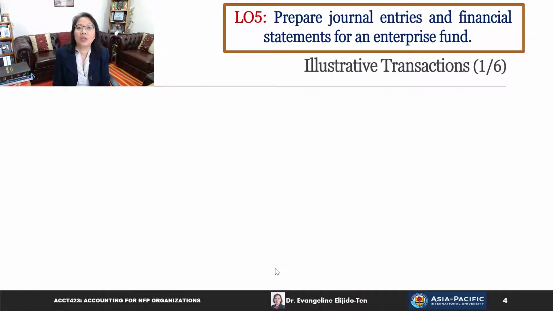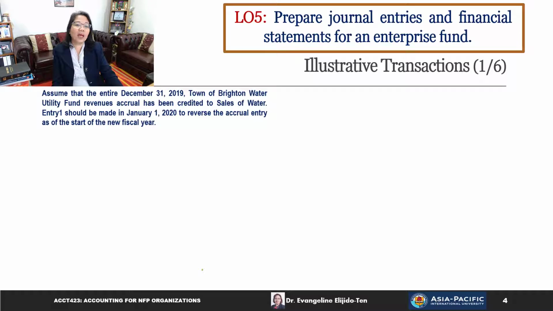All right, learning objective 5. Here we will look at the preparation of journal entries and the financial statements for an enterprise fund. Let's start by making an assumption that for December 31st, 2019, the Town of Brighton Water Utility Fund revenues accrual has been credited to the sales of water.